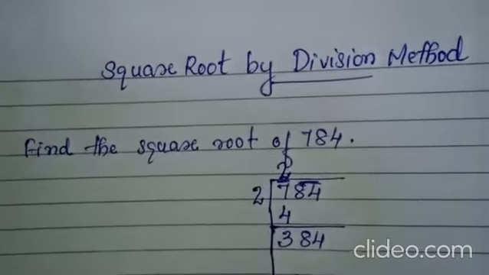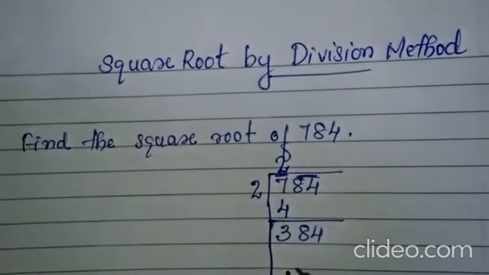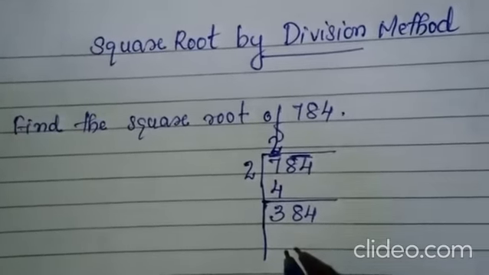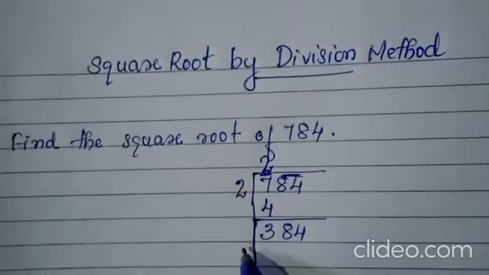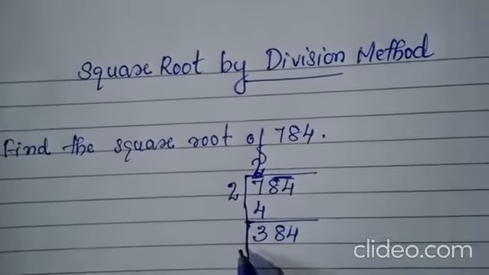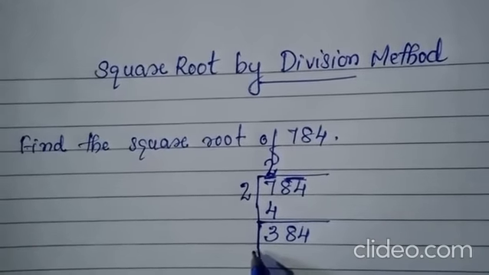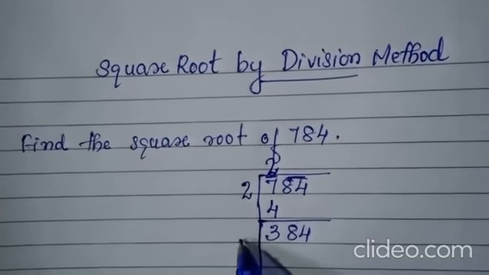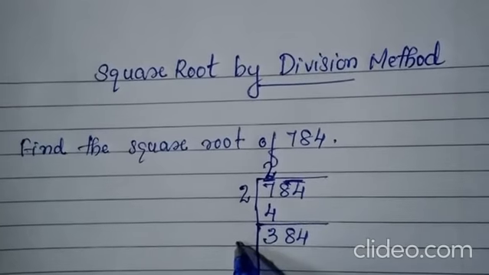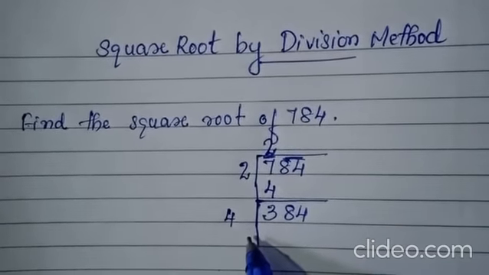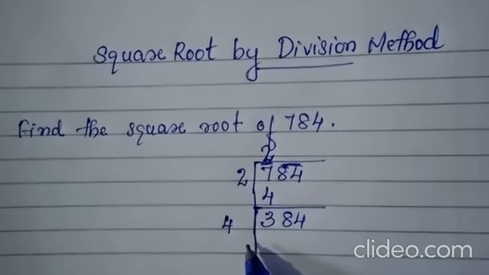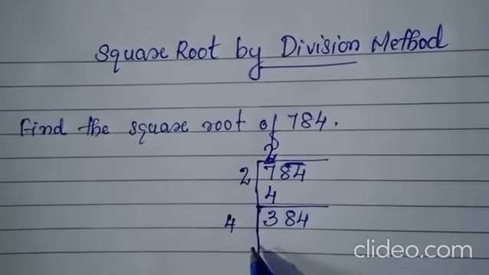Next step is double the quotient and enter it at the divisor. So the quotient is 2, so the double is 4. Then guess the largest possible digit to fill the blank.